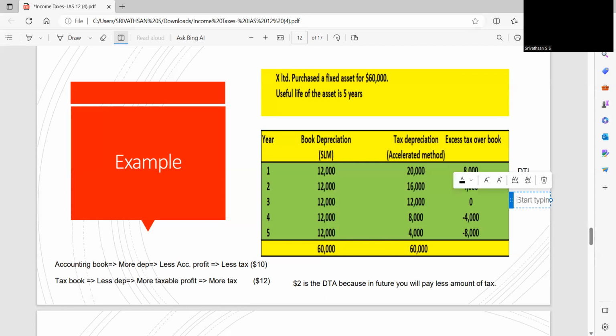The third year, no deferred tax asset, no deferred tax liability. Whereas in the fourth year, a deferred tax asset will be recorded, because the accounting profit is less than the taxable profit. In the fifth year also, a deferred tax asset will be recorded, because your accounting profit will be lower than your taxable profit.